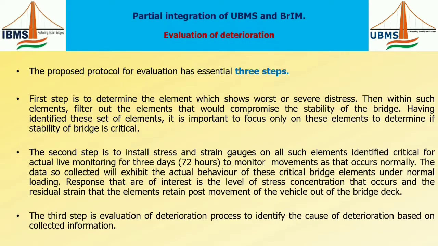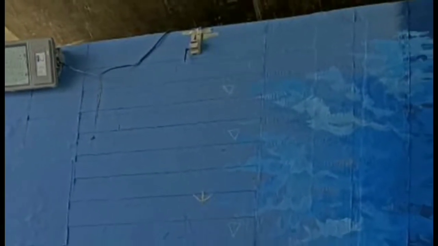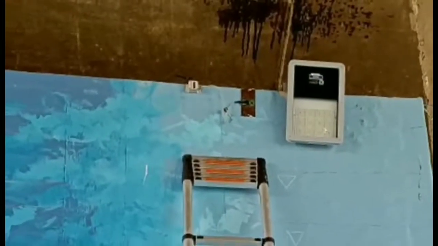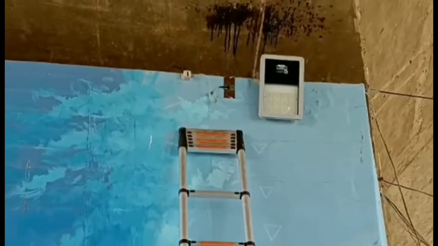The proposed protocol for evaluation has essentially three steps. First step is to determine the elements which show worst or severe distress. The second step is to install structural health monitoring and monitor such identified critical elements for 72 hours under normal live load. The third step is evaluation of the deterioration process to identify the cause of deterioration based on collected information.